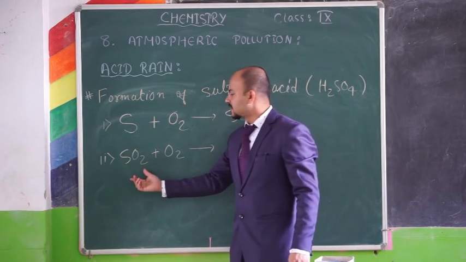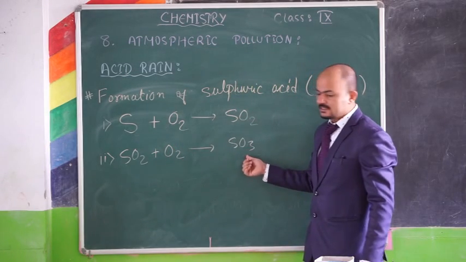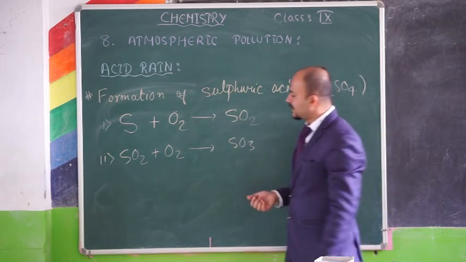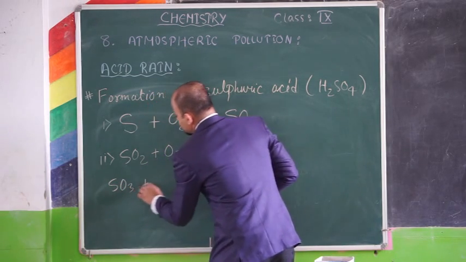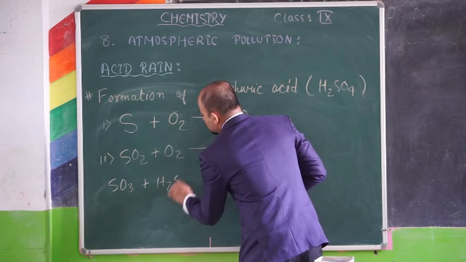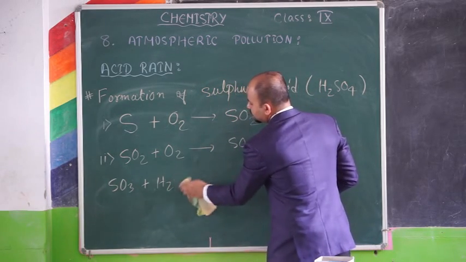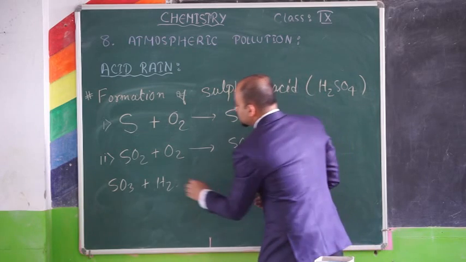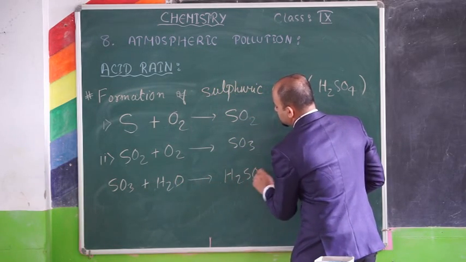Now this sulfur dioxide further reacts with oxygen to form what? Sulfur trioxide. Now this sulfur trioxide reacts with water to form sulfuric acid.